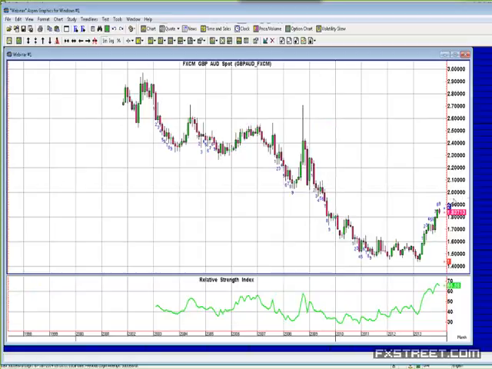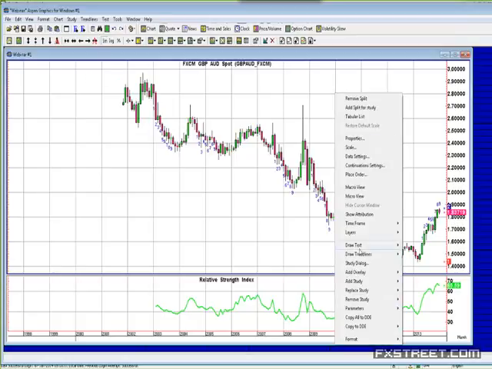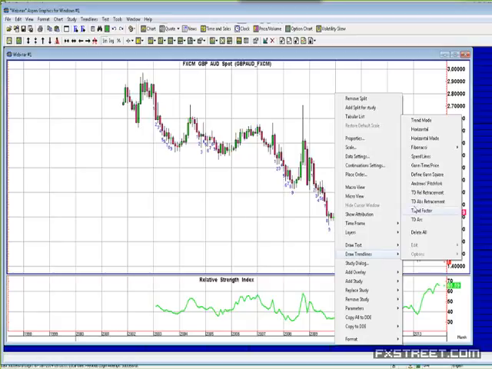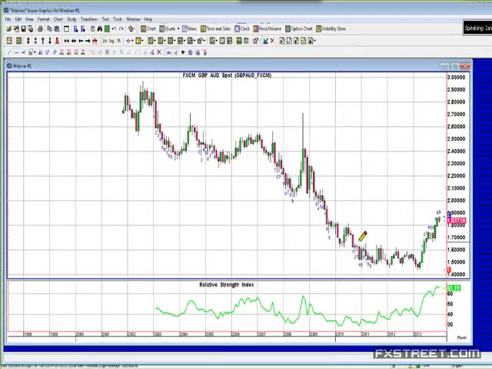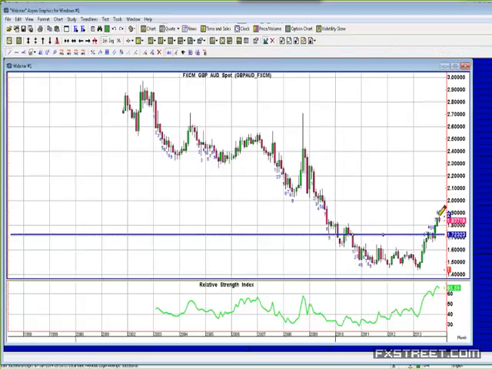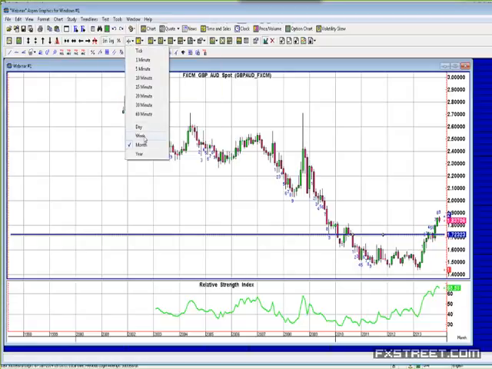A 9 count monthly, but it's broken this count. Okay, so this was the last bear count, and that was the resistance level. So we've broken above it. So there is a chance that you might pull back to that level off the 9 count, but I would have thought this 9 count off this monthly is probably, like I said, just corrective.